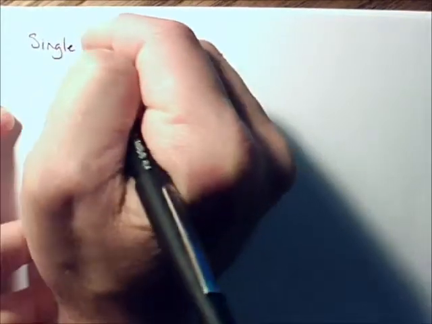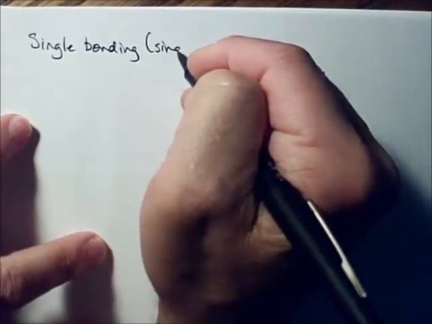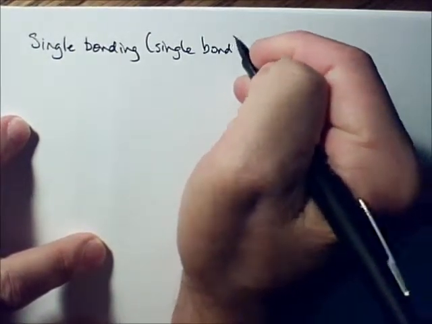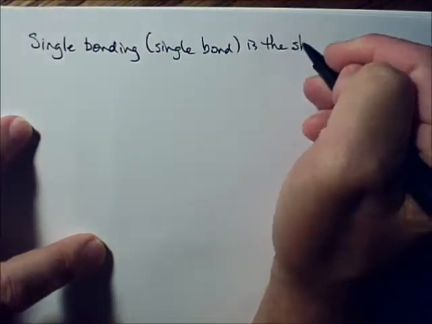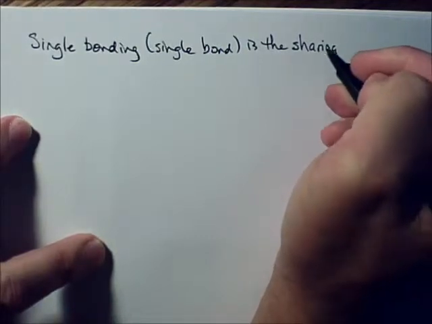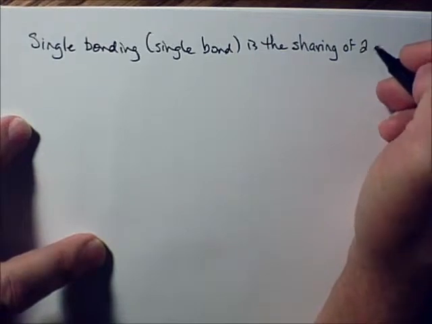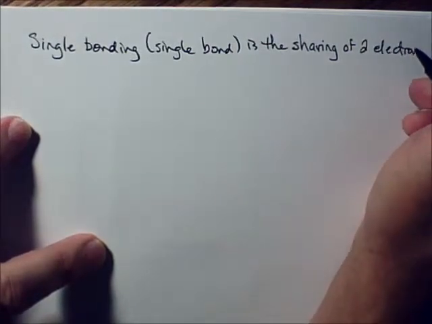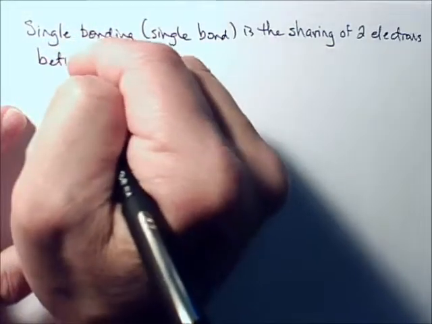Let's remind ourselves one thing about single bonding though, okay? Single bonding, which in each of those can be called a single bond, is the sharing of 2 electrons between 2 atoms.